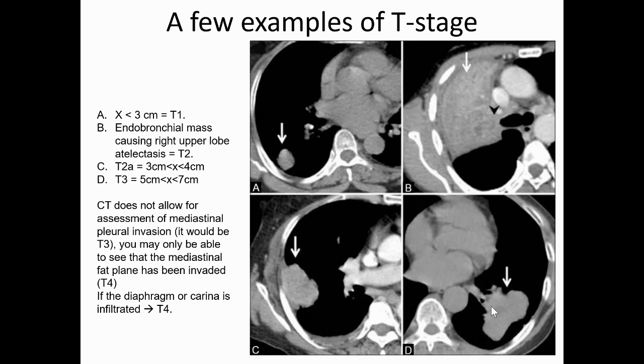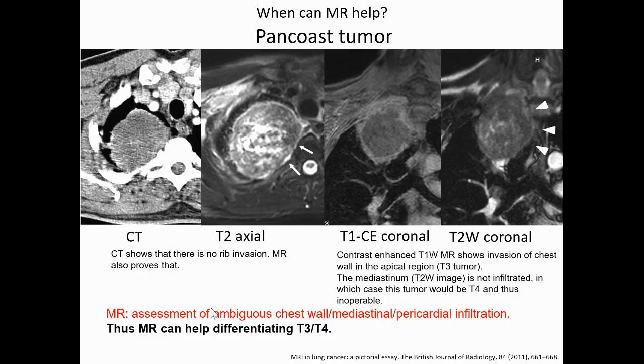Now, CT doesn't allow us to assess for mediastinal pleural invasion, which would be a T3, because with CT, the only thing you see is that the cancer has eroded into the mediastinum, into the mediastinal fat plane, and that's a T4. If it infiltrates the diaphragm or the carina, that's an automatic T4. And again, with CT, you can assess these.